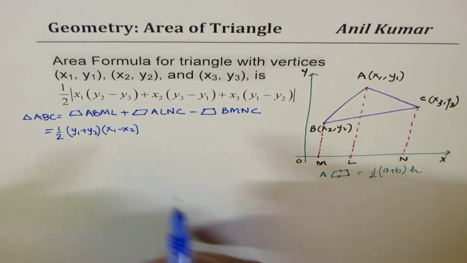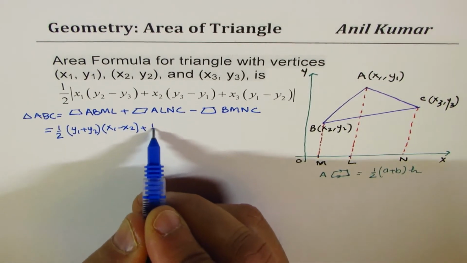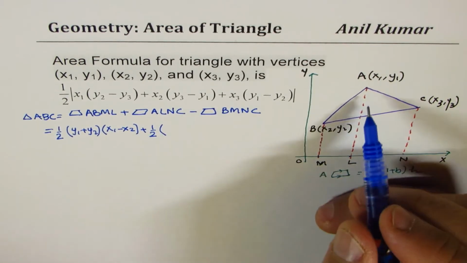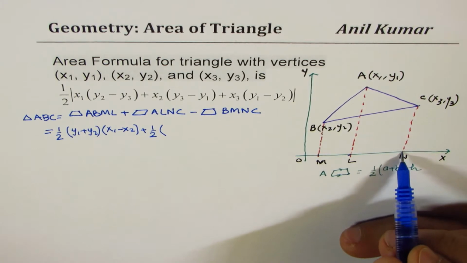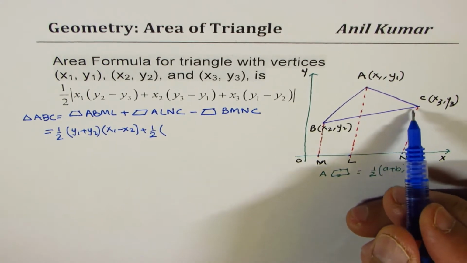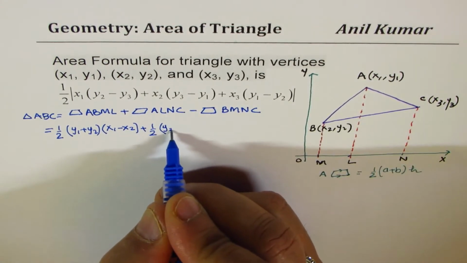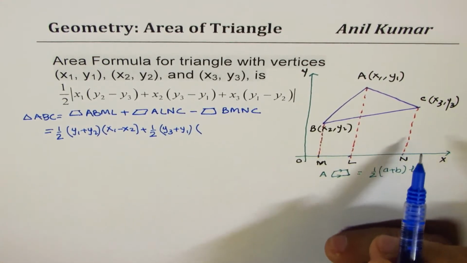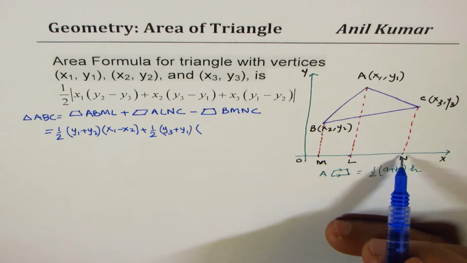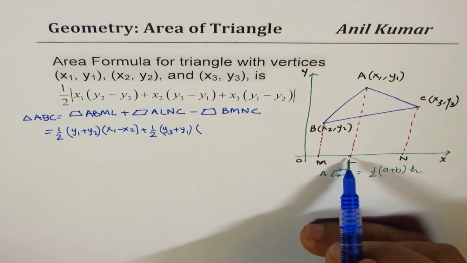Perfect. Similarly, for the next one, it is half of parallel sides are again y1 and y3, right? So let me write y3 and y1. We're following an order. It could be either way. However, the x values you have to subtract from 3 to 1, correct?